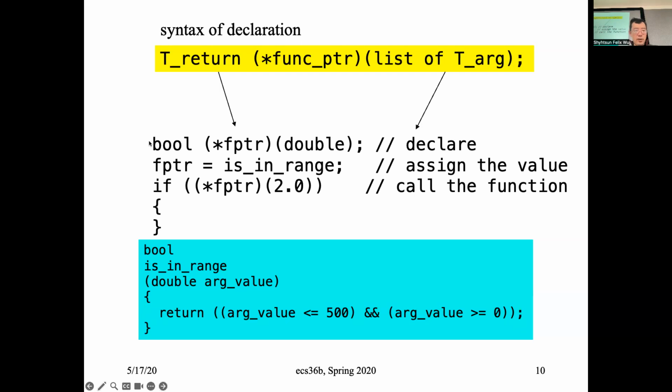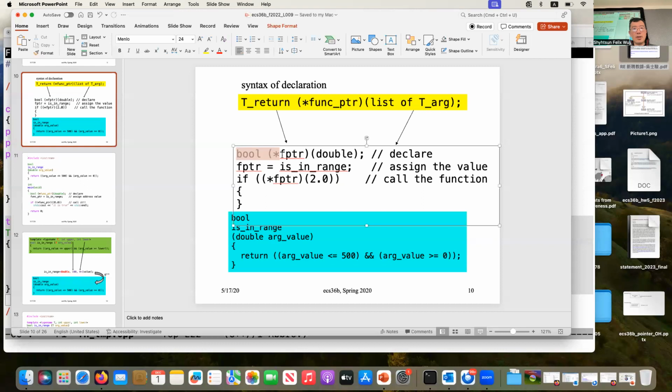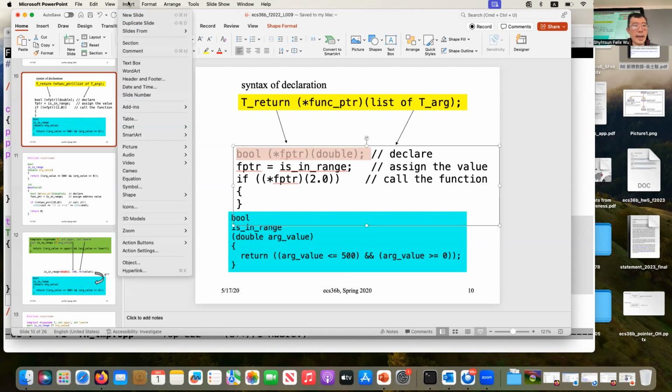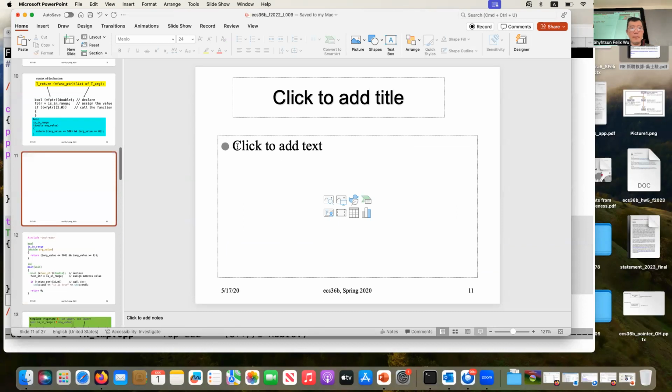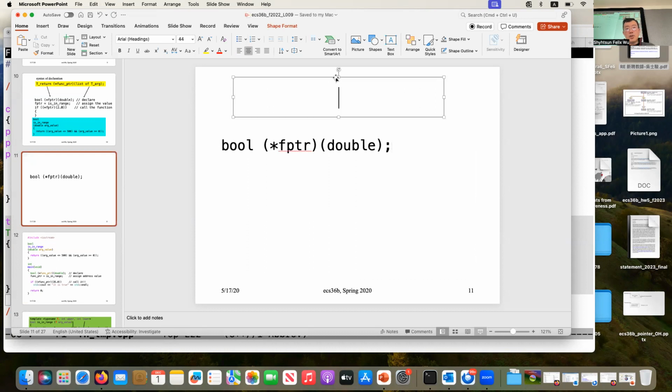If you take a look at this line, it is essentially the declaration of a function pointer. Let me copy this, and make sure you understand this part. It's a bit unnatural, but once you get used to it, you know what's going on. So I'm going to show you this piece of code. How do you parse this piece of code?